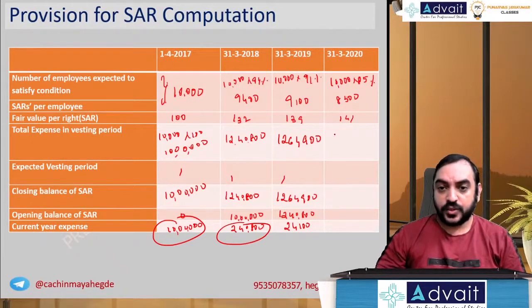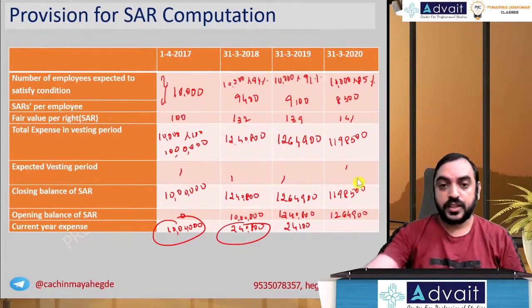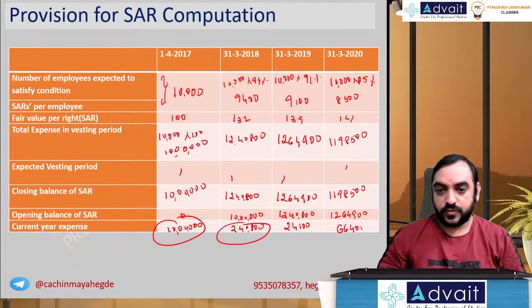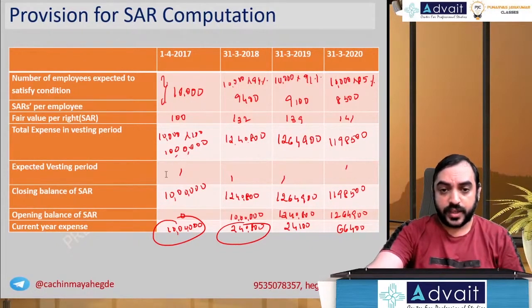Then 8,500 into 141 is 11,98,500, the expense against 1 year. Then the closing balance is the same, 11,98,500. Opening balance is 12,64,900, that is the previous closing balance. So it's a reversal of expense, a minus number actually. So this year we are going to reverse the expense. Opposite entry 66,400. Okay. Let's see what the journal entry will look like.